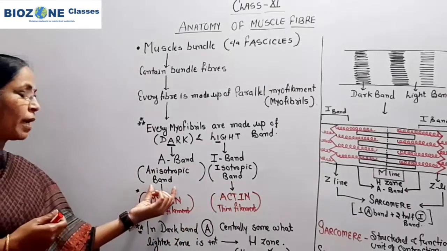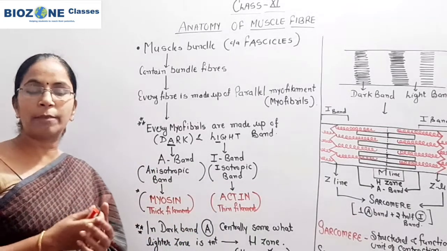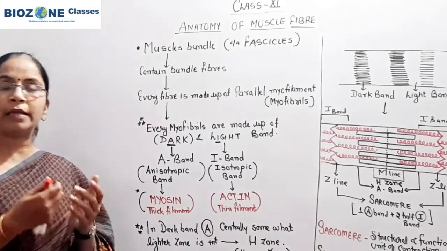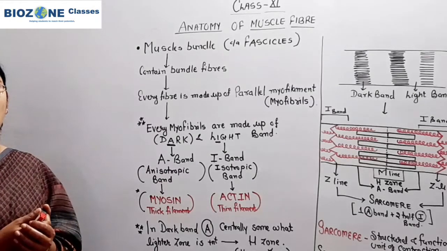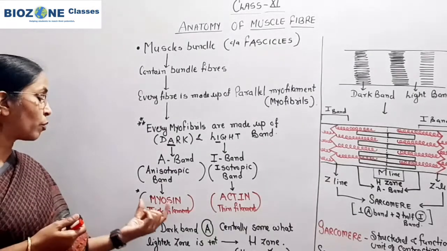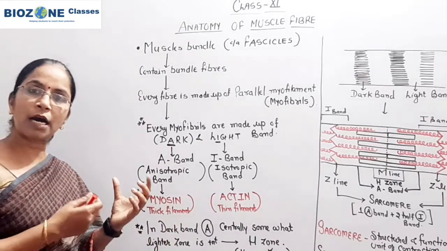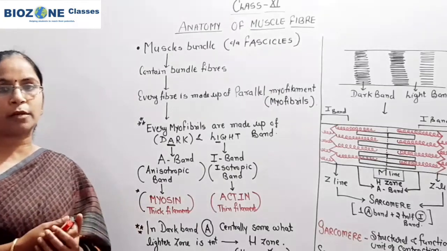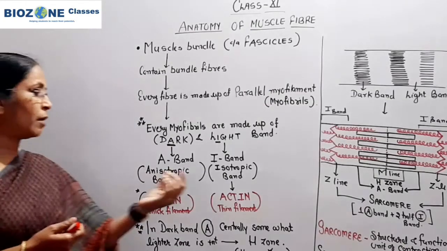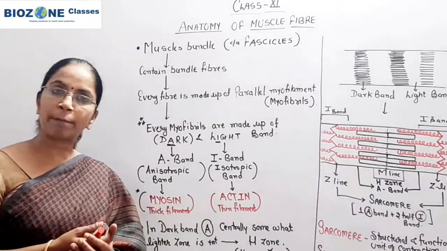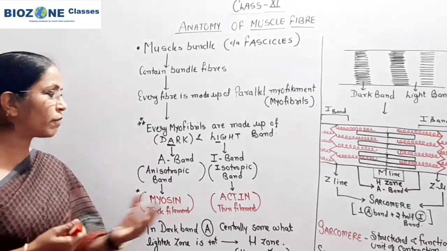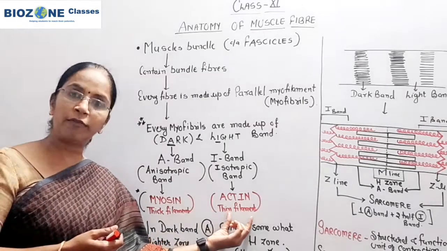Now, what are the proteins in the A bands? The main question: the A bands and I bands are made up of what kind of protein? The A band is mainly made up of thick filaments, because it is darker in appearance. It is made up of thick proteinaceous filament. The I band is lighter in appearance, which is why it is made up of thin filament.